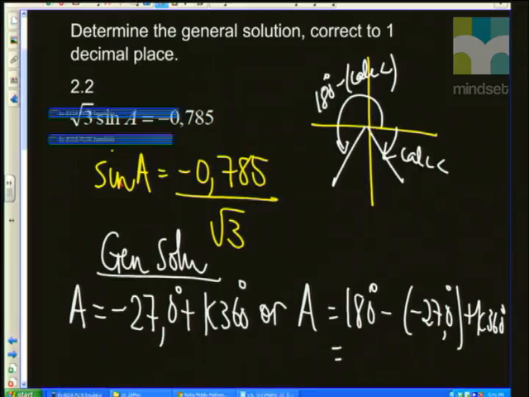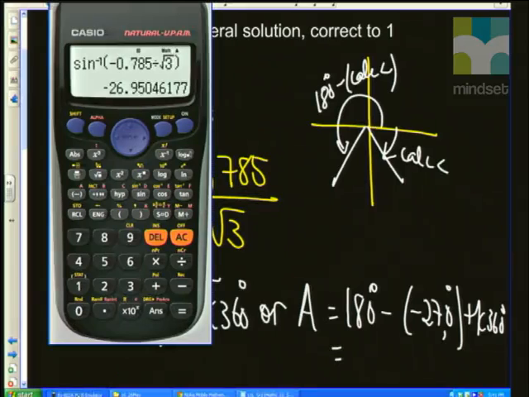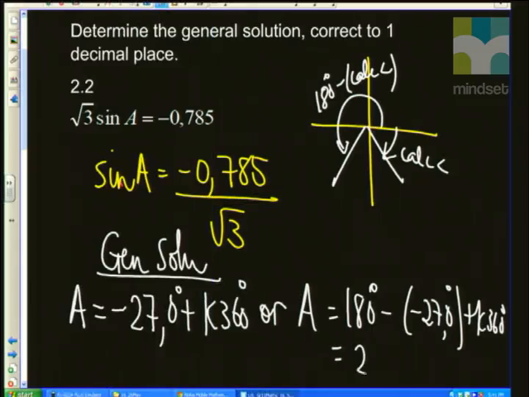So let's just take the negative of the answer, which is 27. So it's really 180 plus 27, which is 207, or 207 plus k 360, where k is an element of the integers.